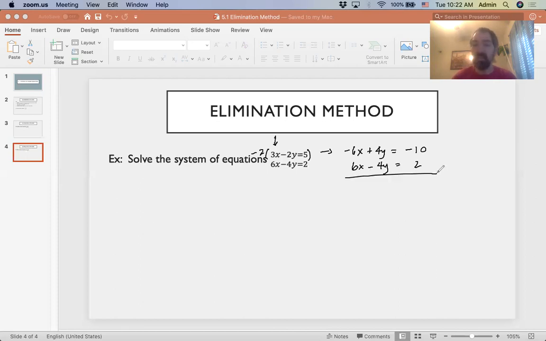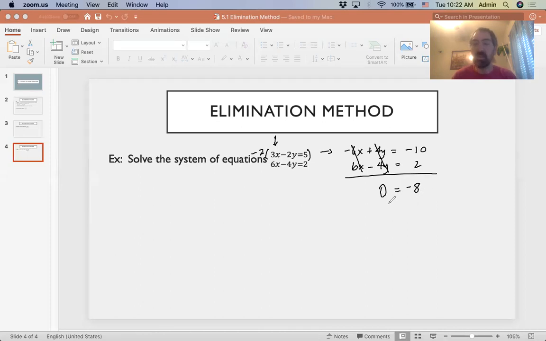Okay, so when we add, again, the same thing happened as the previous example. The -6x plus 6x cancels out, which is what we were wanting to. That's why we multiply by the -2. But also the 4y and the -4y cancel. So we have 0 on the left-hand side. But now in this case, the right-hand side does not give us 0. -10 plus 2 is -8.